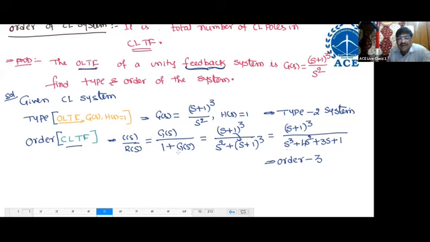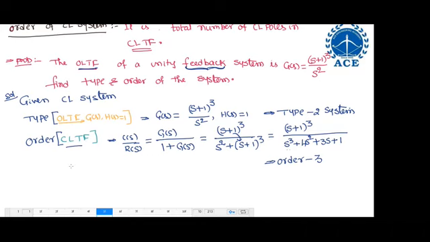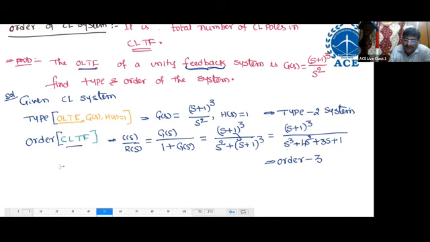Control system not studied? No, sir. The closed loop transfer function is C of S by R of S equals G of S by 1 plus G of S. That is a formula you have to remember.